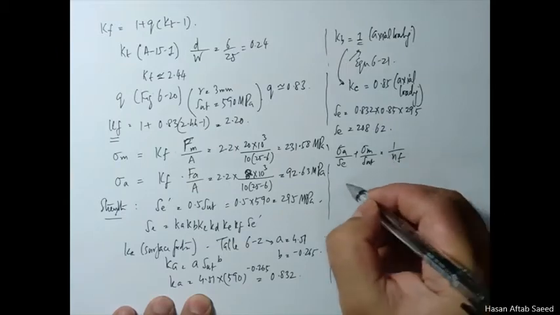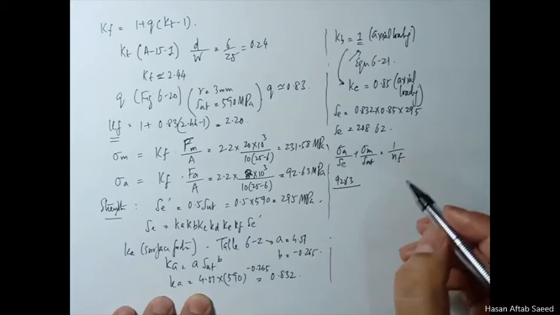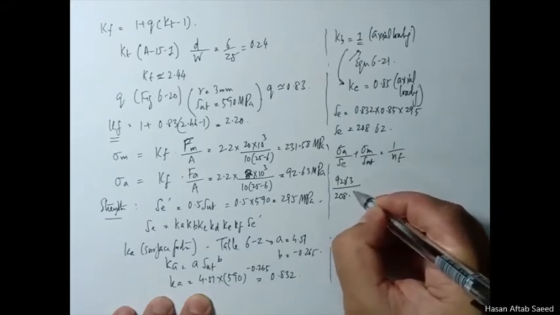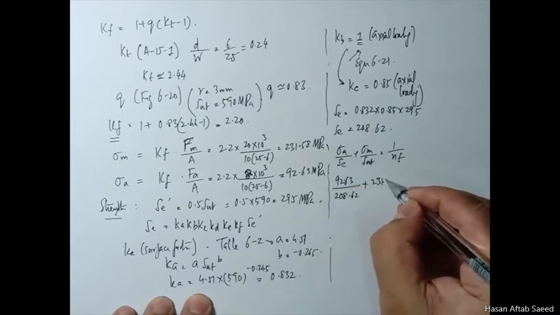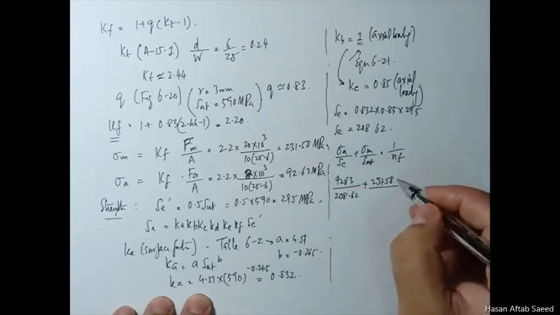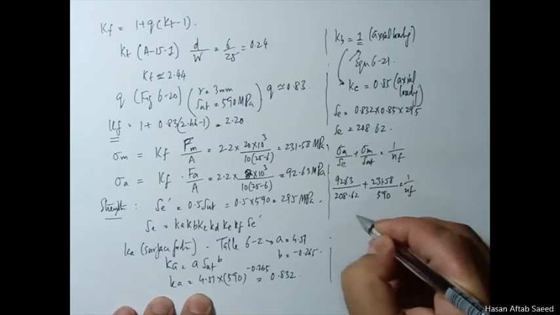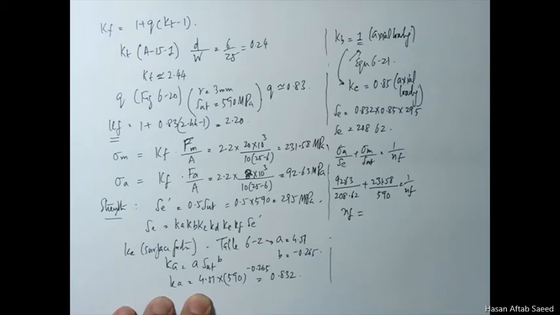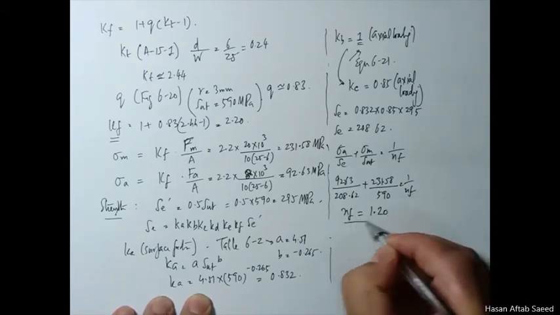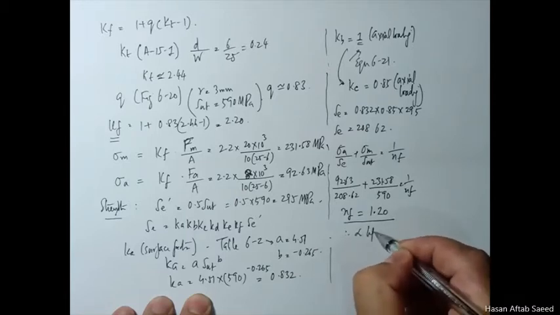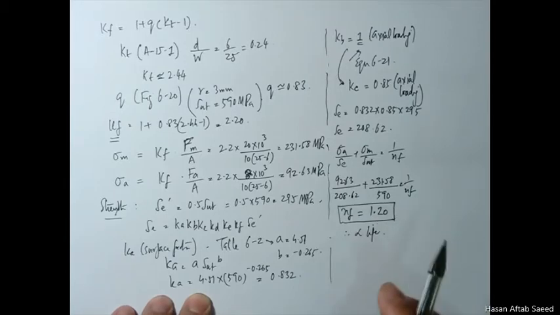Sigma a is equal to 92.63 over 208.62 plus sigma m, 231.58, over Sut is equal to 1 over nf, and nf turns out to be 1.20. So therefore there is infinite life with a factor of safety in fatigue of 1.2.